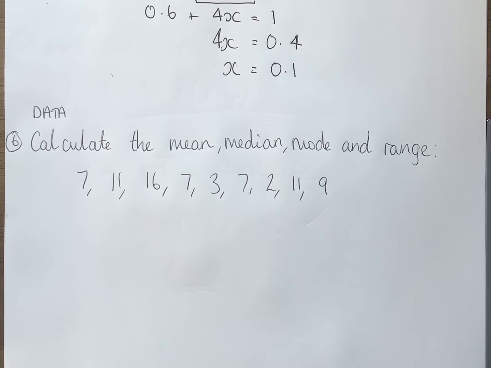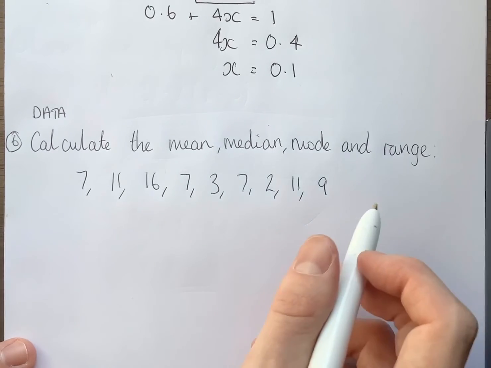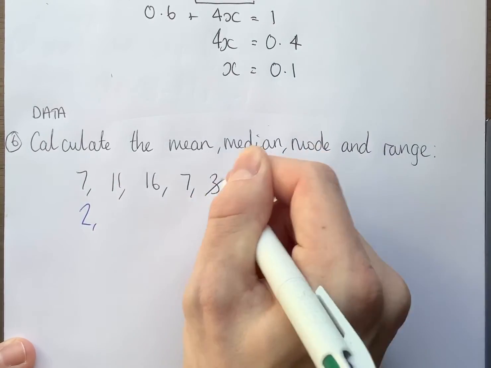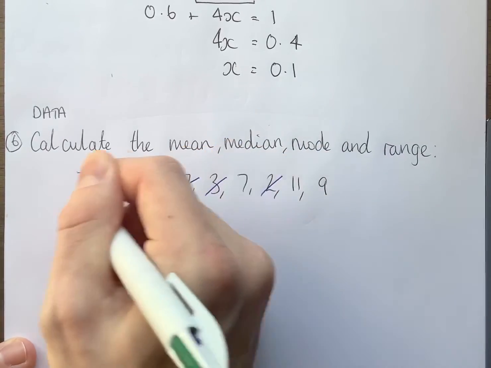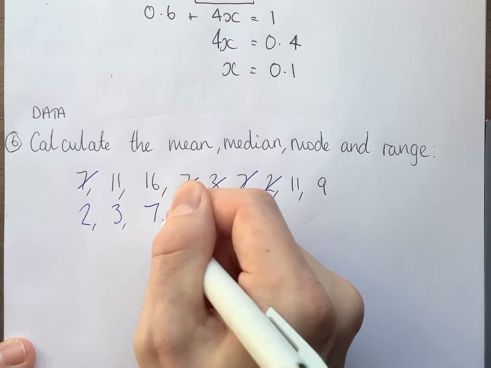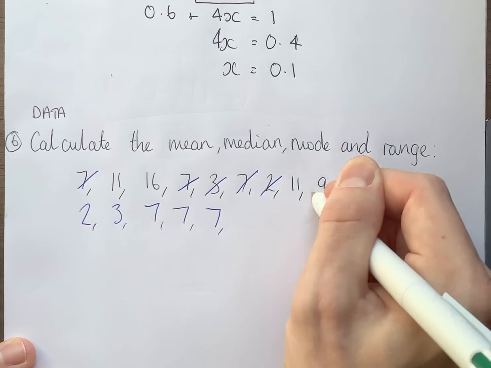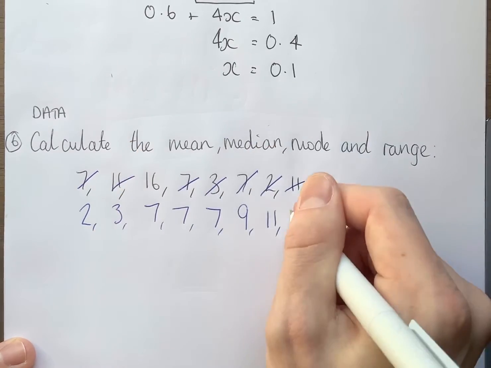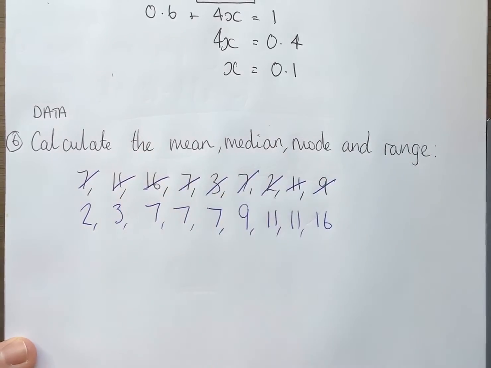And then the last question. So mean, median, mode, and range. First thing I'm going to do is just put them in order. So 2, 3, 7, 7, 7, 9, 11, 11, and 16.